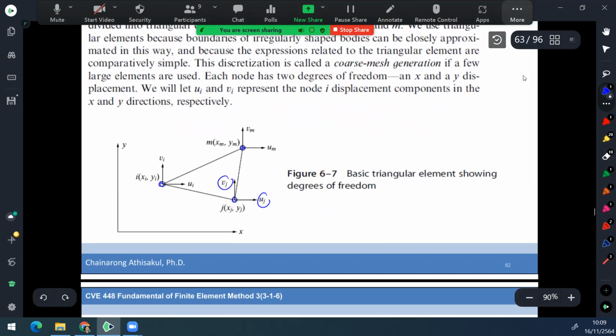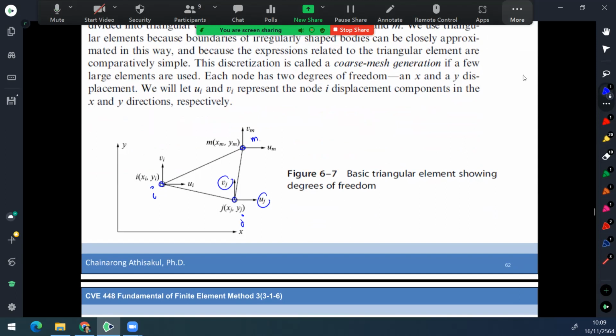Okay, and for this, we define node I, node J, and node M. We define the names of the nodes to be IJM. Actually, the naming IJM is up to us to define.